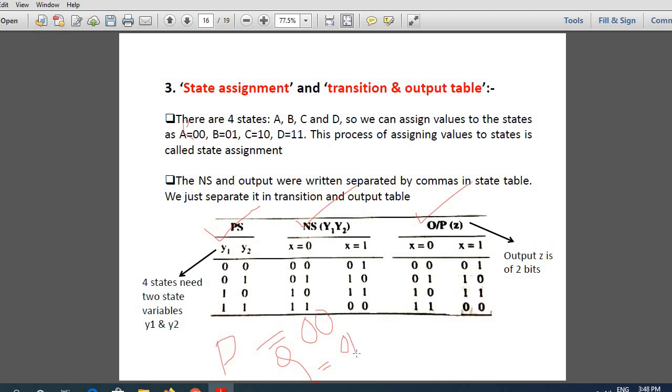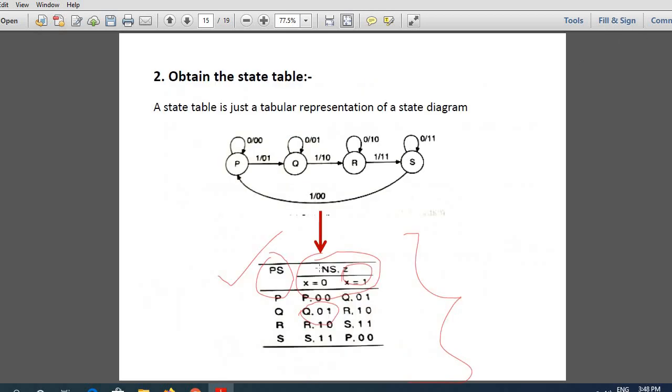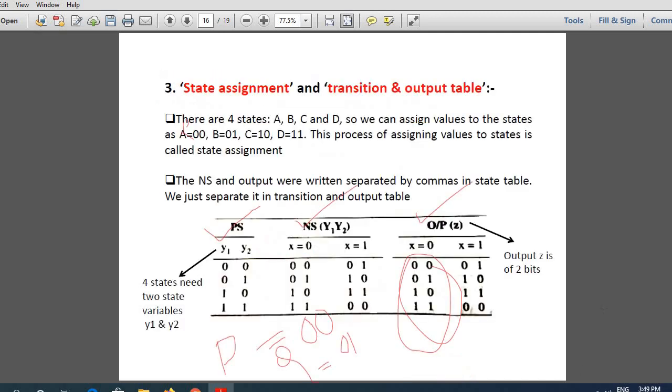Similarly, R is 1, 0 and S is 1, 1. You finish off this table. So here the output will also be of 2 bits. Please don't forget that. Look here. Output is 0, 0, 0, 1, 0, 1, 1, 0. You fill this table. I hope it is clear to you how to fill this table.